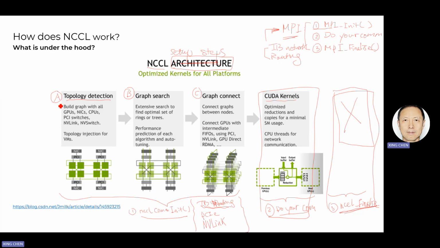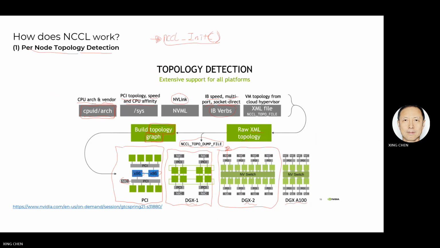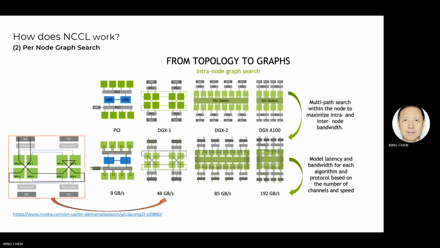Okay, so this is step A of the first part of the NCCL communication initialization, and then the NCCL library needs to do a per node graph search.